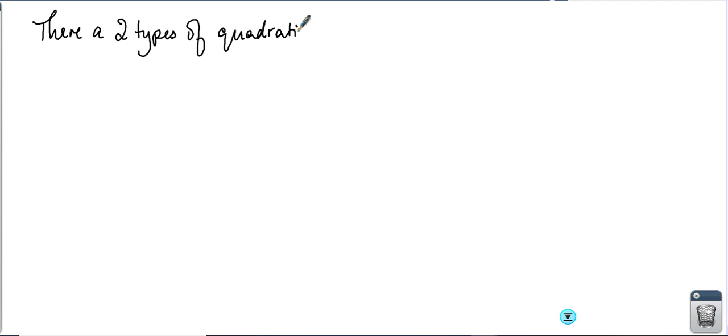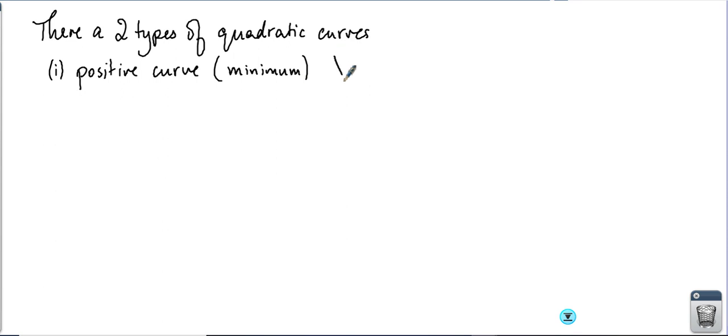So let me write down this. There are two types of quadratic curves. The first one is called a positive curve. It has a minimum. It has this shape.